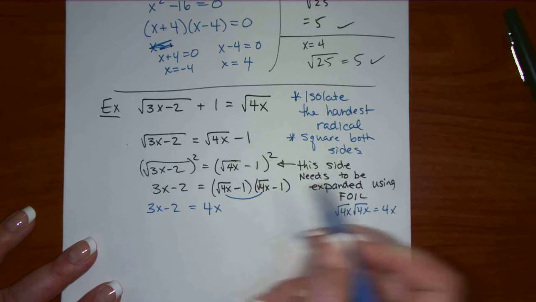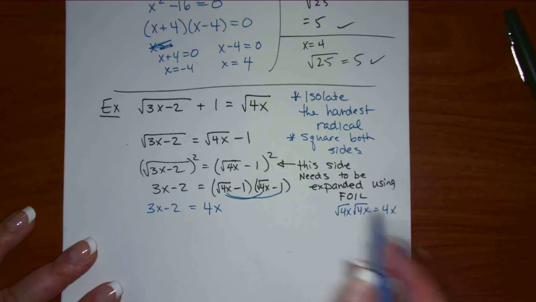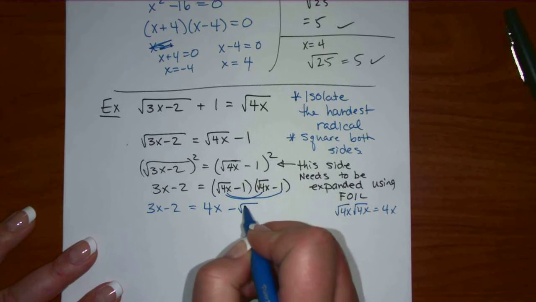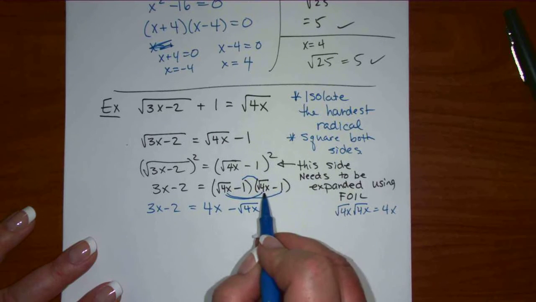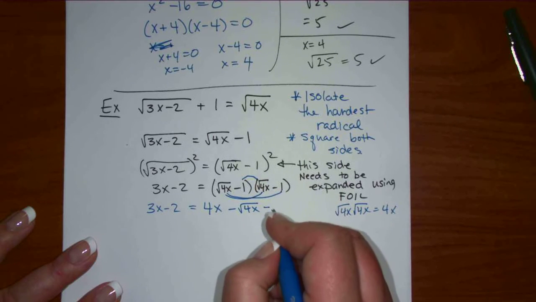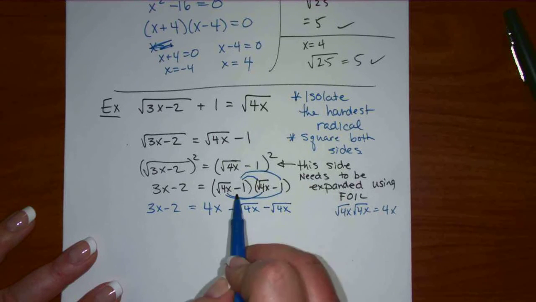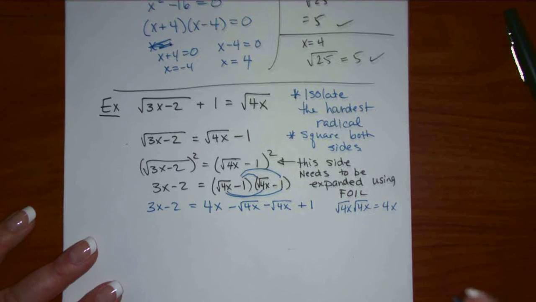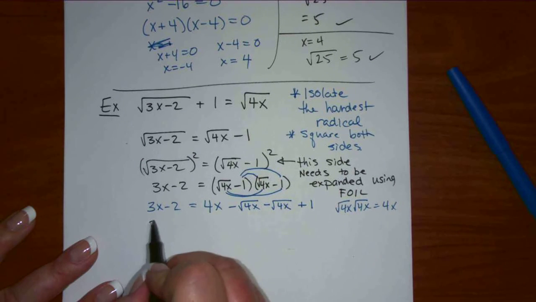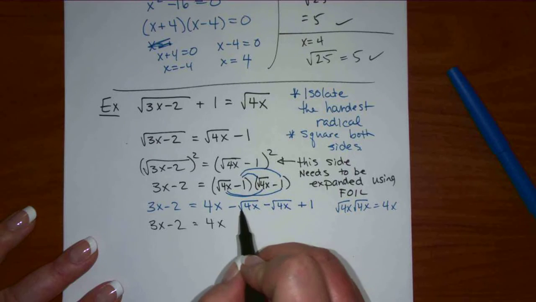Now root 4x times minus 1. Minus root 4x. The inside, minus 1 times root 4x. And the last term, minus 1 times minus 1, plus 1. What's this?